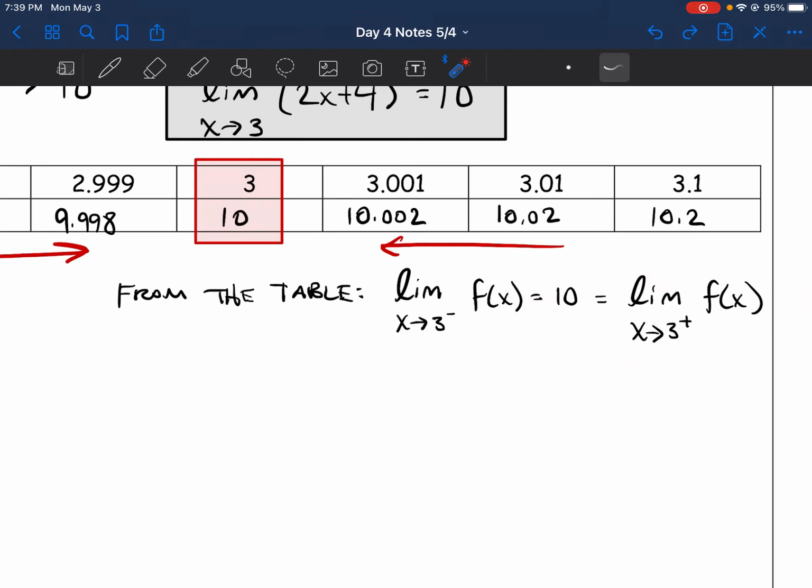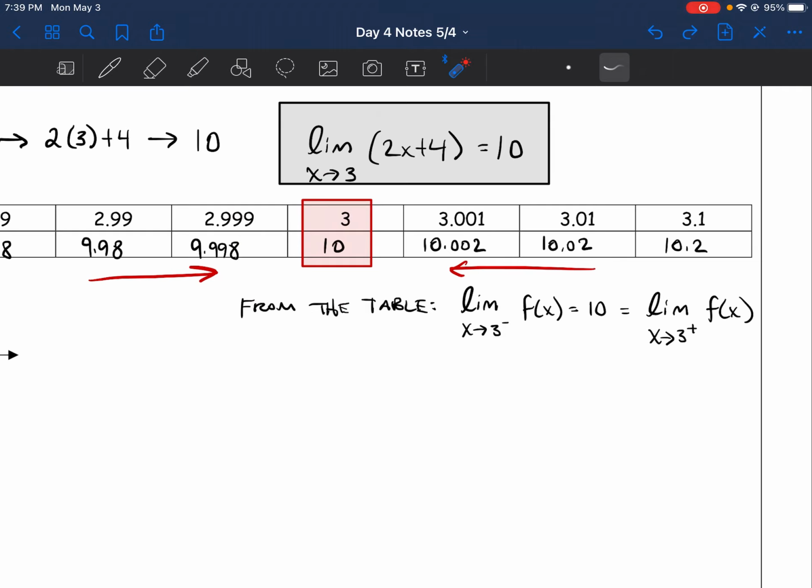And we know that if the left-sided limit and the right-sided limit are equal to each other, then that's what the limit is equal to. So the limit as x approaches 3 of f of x is equal to 10. So that's showing the same result from a table that we just showed by plugging in the c value into the variable.